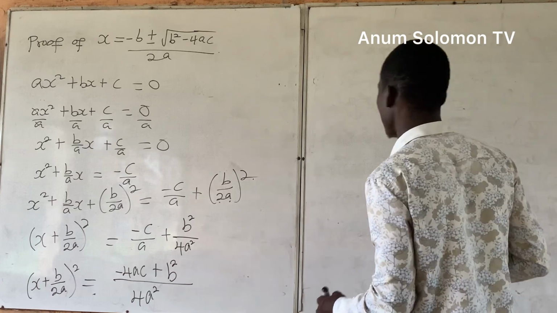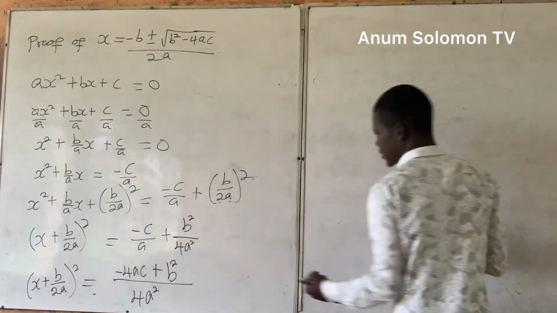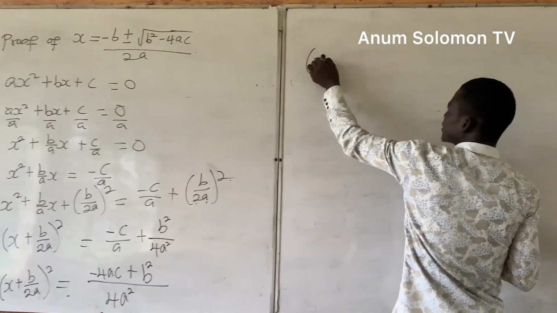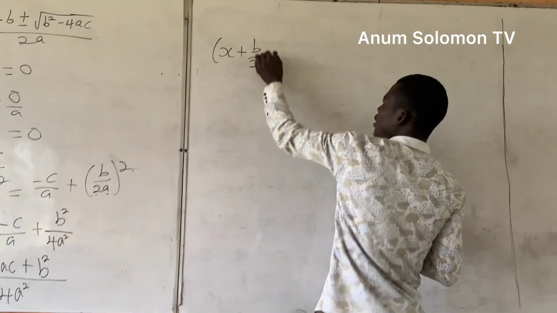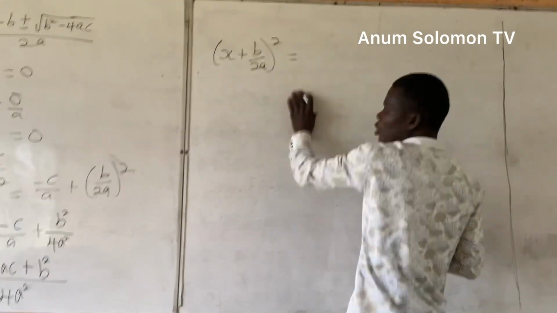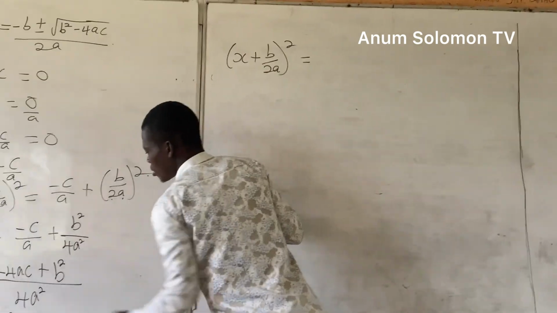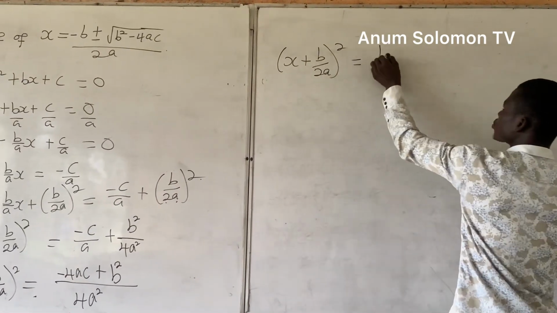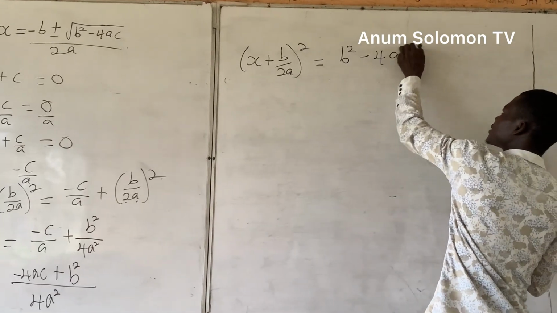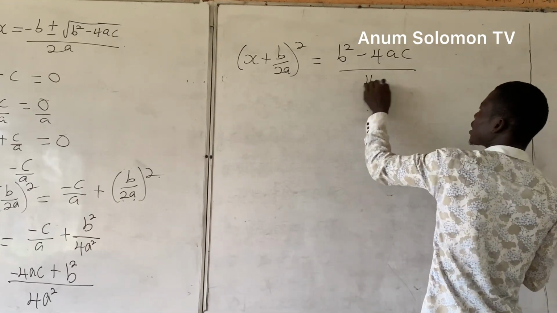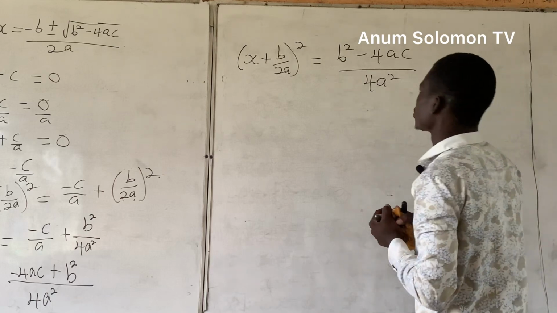Now let's move on by rearranging the numerators. We have x plus b over 2a all squared, which is equal to b squared minus 4ac all over 4a squared.